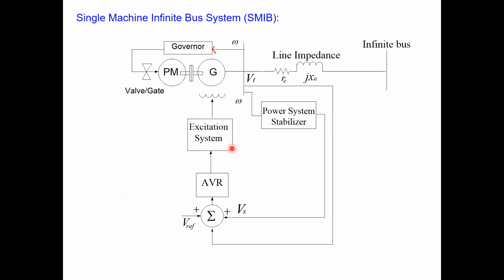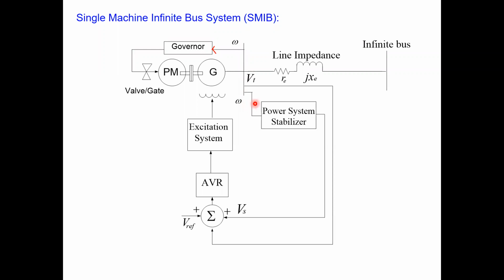This is your excitation system, which will provide the field current or the field voltage to the field circuit so that you are able to generate this much voltage at the generator terminal. Because we want to control this voltage and we want to control this frequency, from the generator terminal you have this feedback.